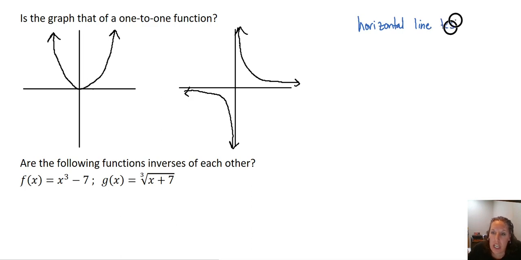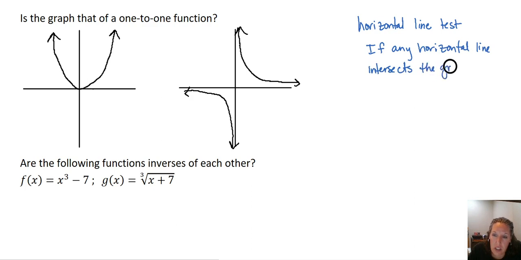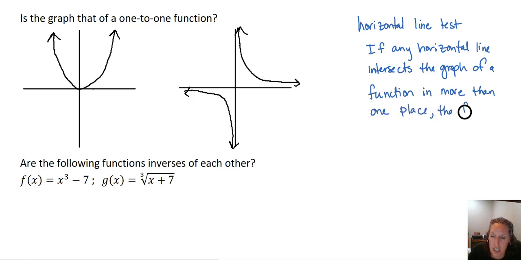The horizontal line test says that if any horizontal line intersects the graph of a function in more than one place, the function is not one-to-one.